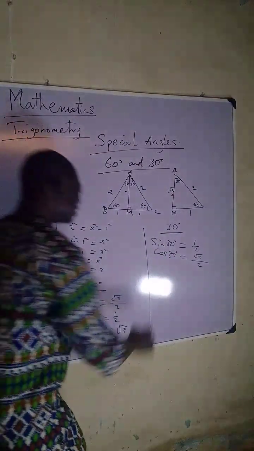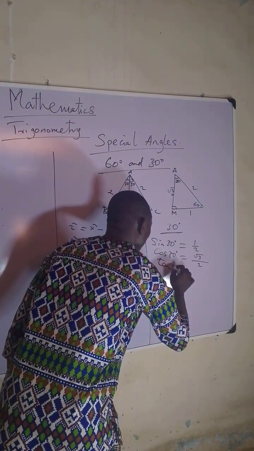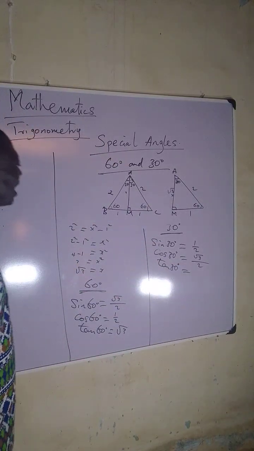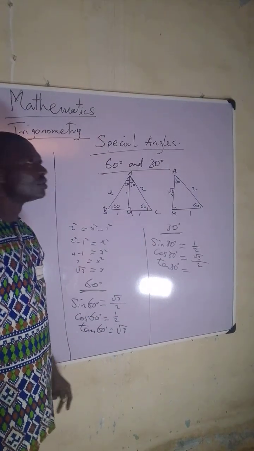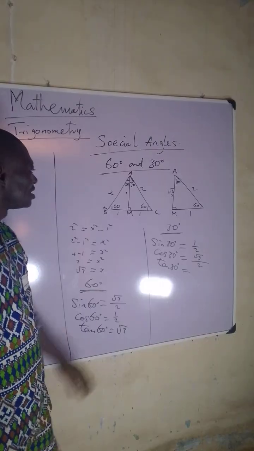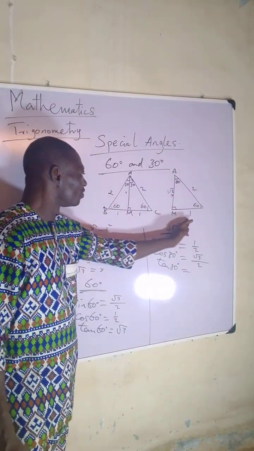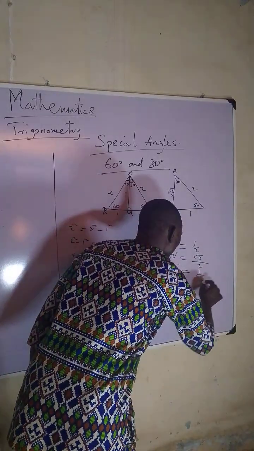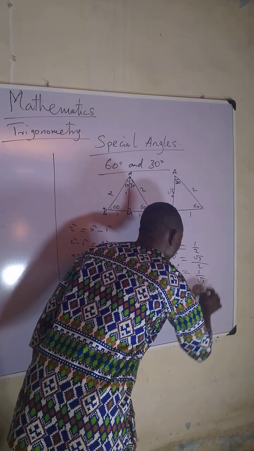Finally, we talk about tangent, tan 30 degrees. At tan 30 degrees we have opposite over adjacent, which is 1 over root 3.